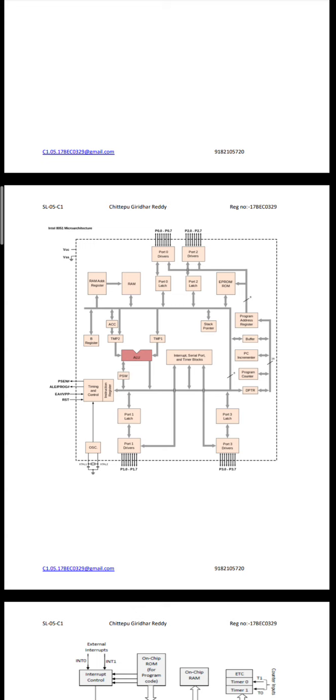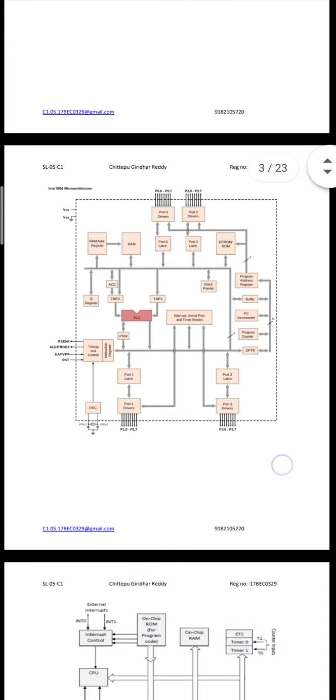We also have the stack pointer, the main part ALU, PSW, interrupt, serial port, and timer blocks, buffer, PC incrementer, program counter, DPTR, port 3 latch, port 3 drivers, and port 1 drivers.